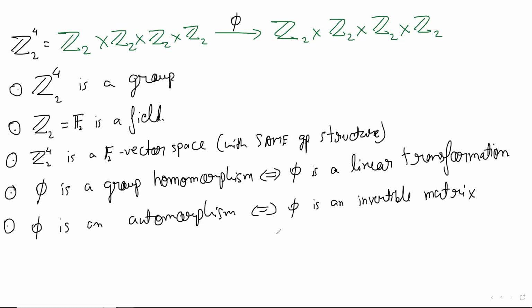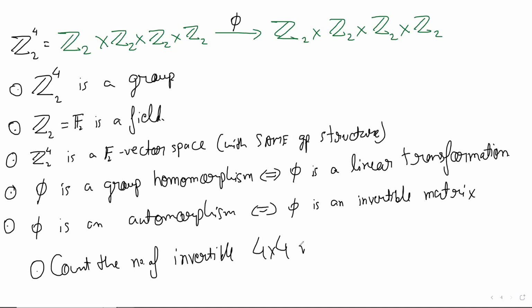So what is it that we have to do now? The problem becomes: count the number of invertible 4x4 matrices with coefficients coming from F2, meaning that you're just doing addition modulo 2, nothing else, over F2.